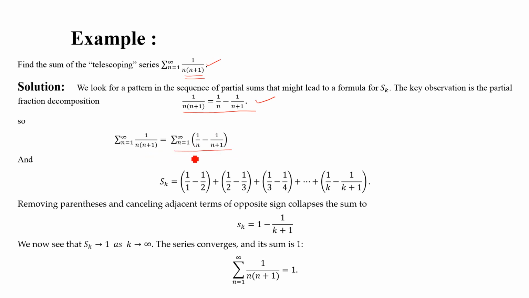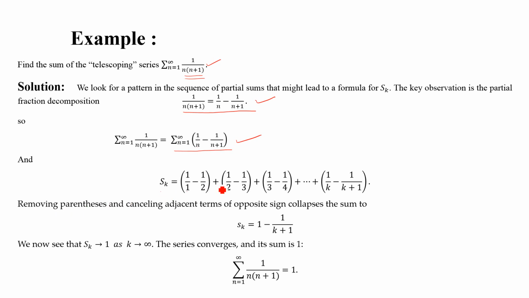The new representation for the series is this, and then its kth partial sum will look like this expression: a1, that is 1 over 1, 1 over 2, a2, a3, and ak. Okay, so this is the kth partial sum.